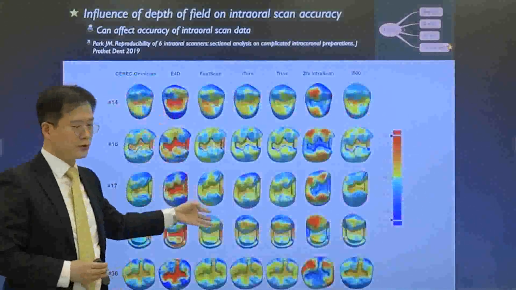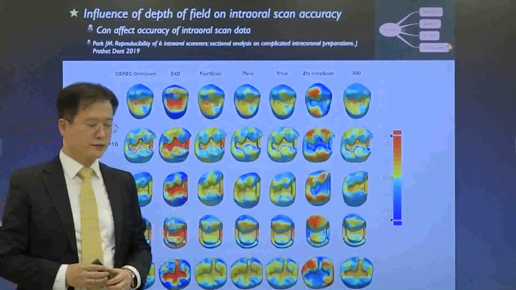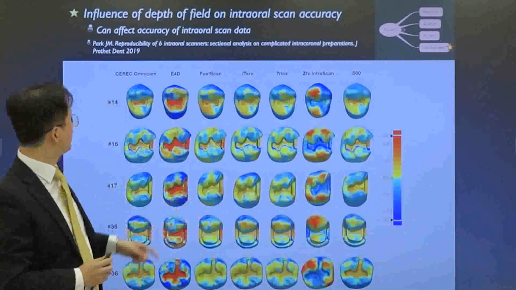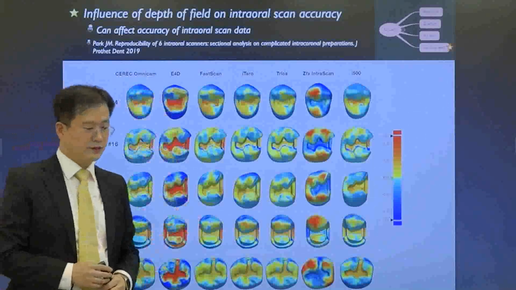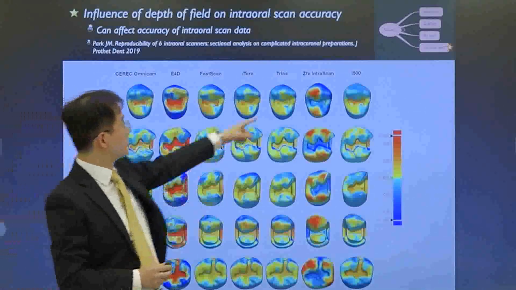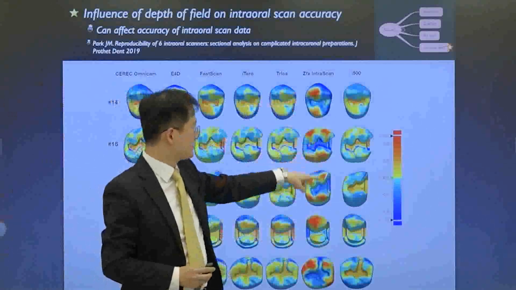In the color map shown in the photo, the color of the inlay floor of E4D is red, and that of the ZFX intraoral scanner is blue.